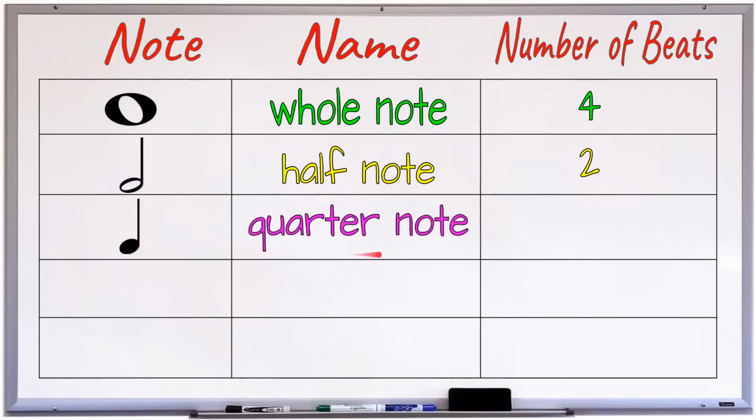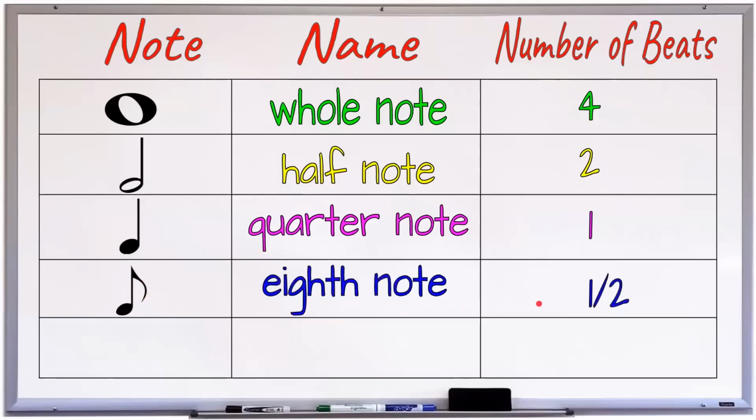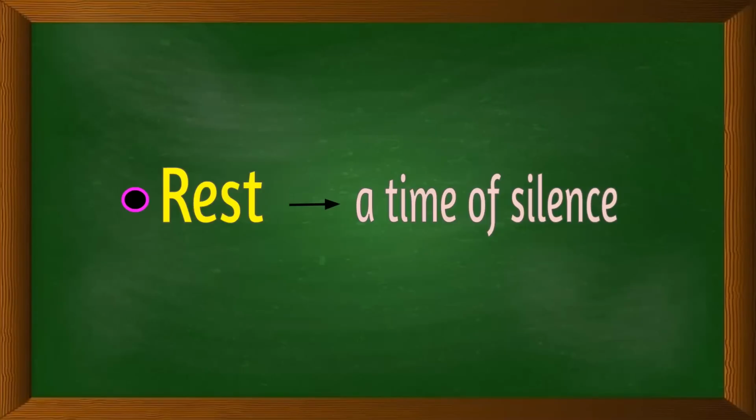It's called a quarter note, and it receives 1 beat. Next, this one already has a beam or a flag, only one flag or beam. It's called an eighth note, and it receives 1/2 beat.